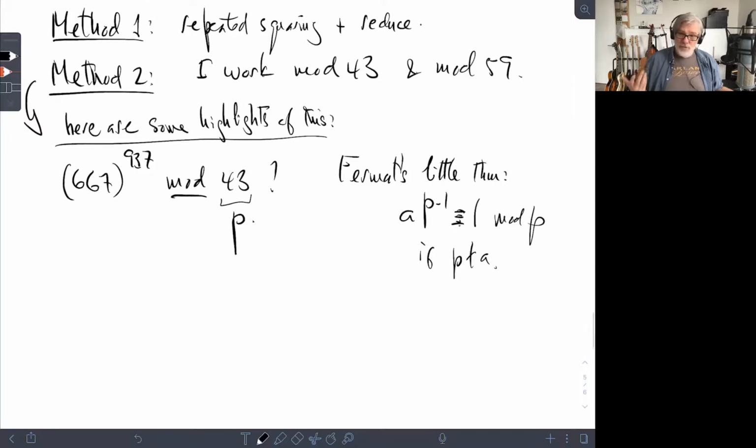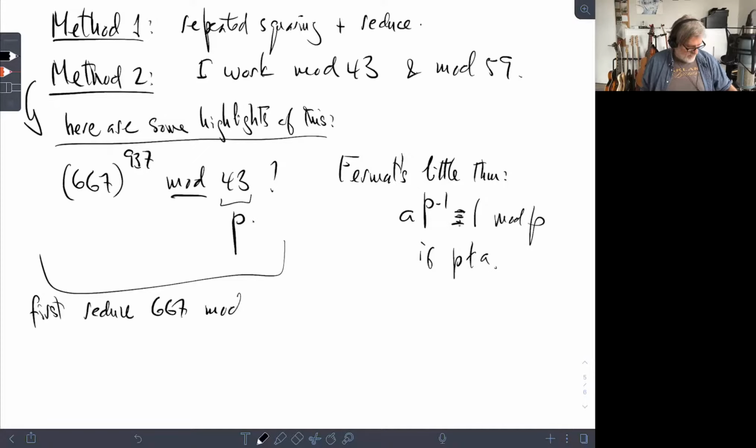But in fact, I can reduce 667 mod 43 immediately. Okay. So first step, I'm going to reduce 667 mod 43. Okay. What did I get? So now you just need a calculator, or do it by hand if you enjoy that kind of thing.